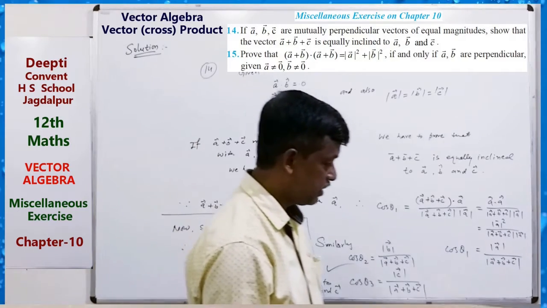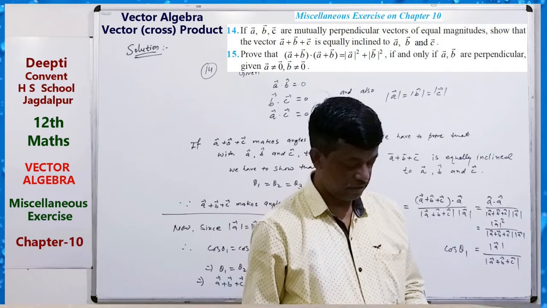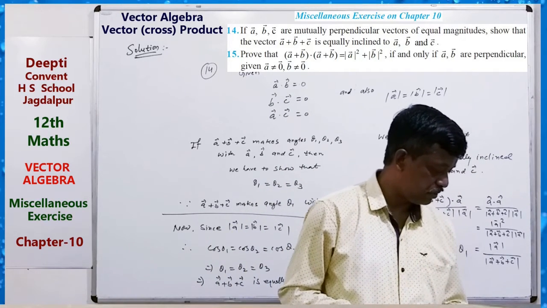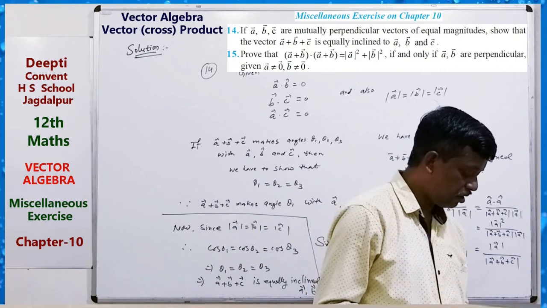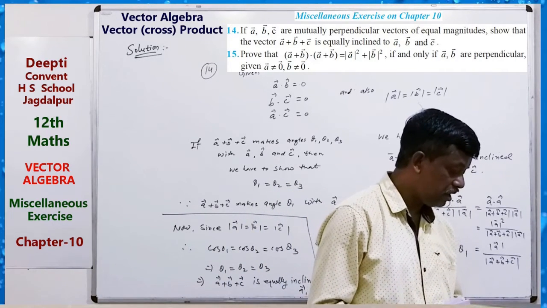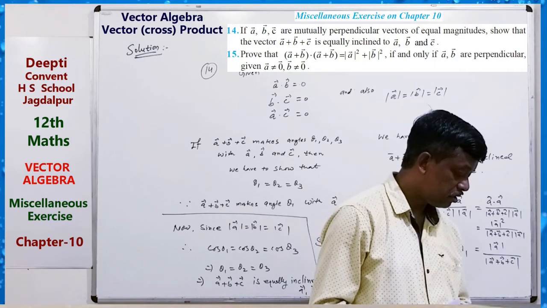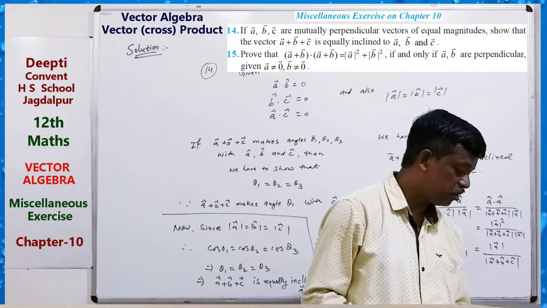Okay, 14. Now 15. Prove that (A plus B) dot (A plus B) equals mod A square plus mod B square if and only if A and B are perpendicular, with mod A not equal to 0 and mod B not equal to 0.